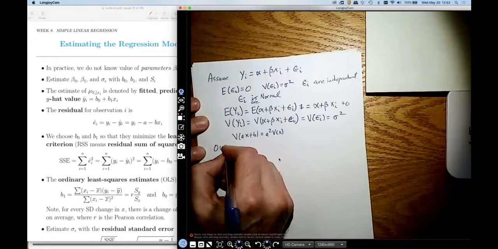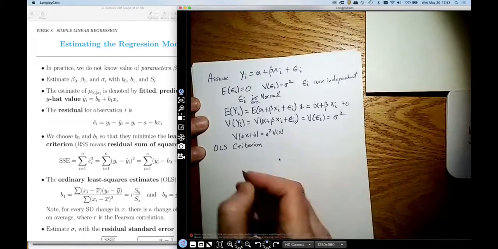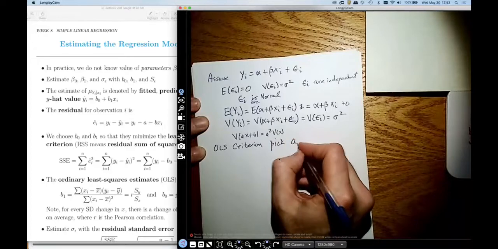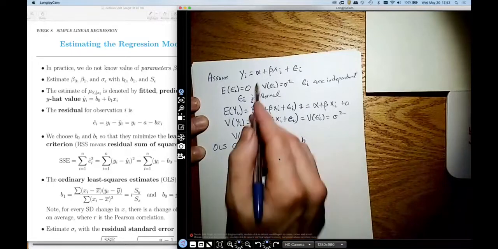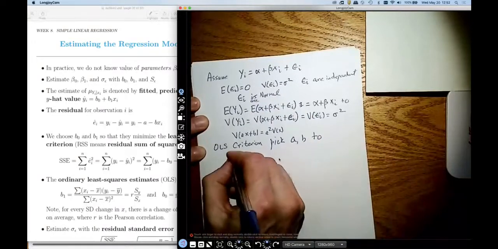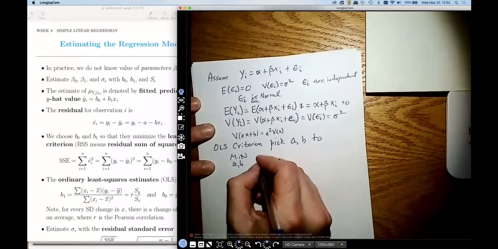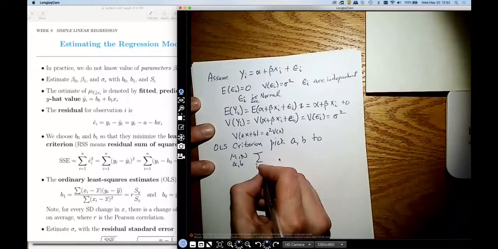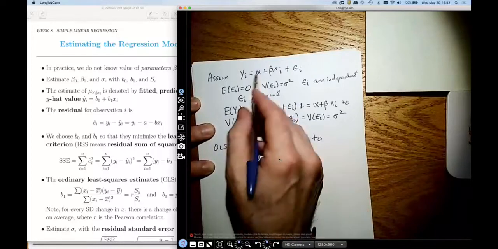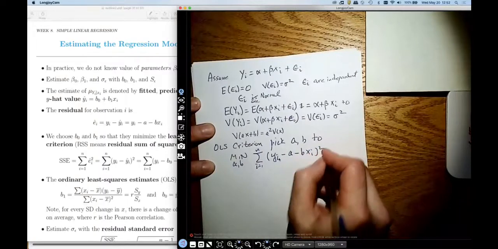The OLS criterion is pick A and B. So A is going to be my estimate of alpha, B is going to be my estimate of beta, to minimize, so minimize over A comma B, the sum i equals 1 to n of y sub i minus, well, I'm going to drop in my predicted values. So this is going to be A minus B x sub i, squared.